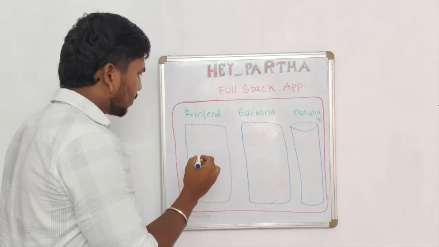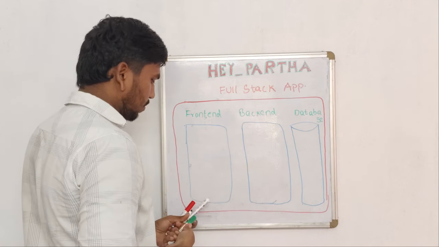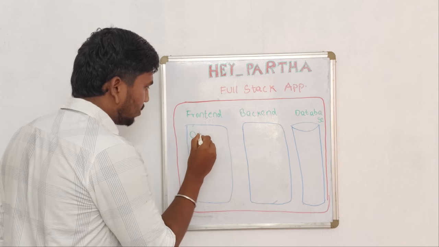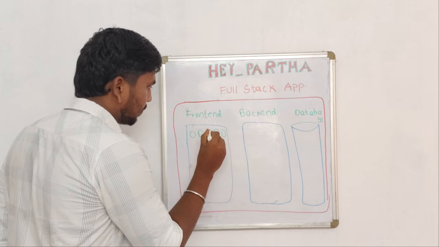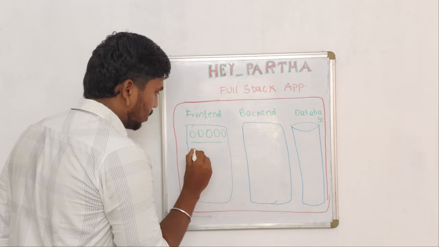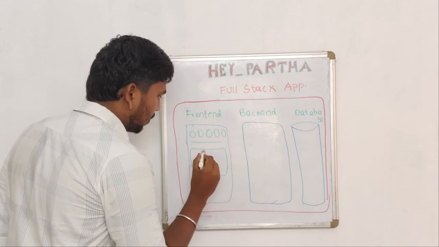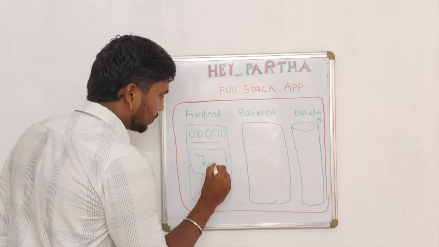Whatever you see, you will see something like this. Maybe here you will see stories like this, correct? And below that you will see one post. Someone has posted our channel name, Hey Parda.